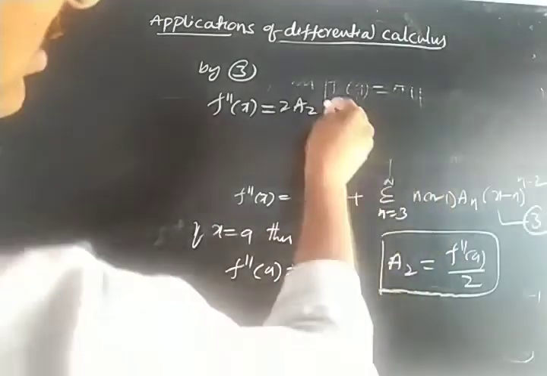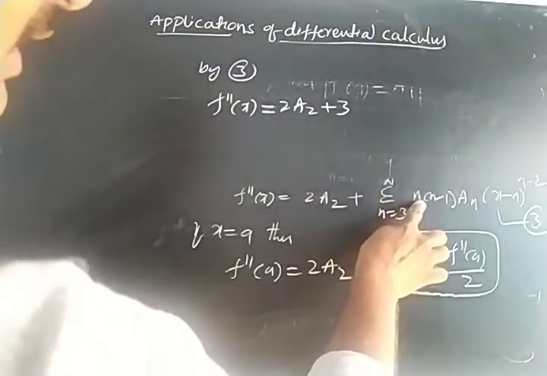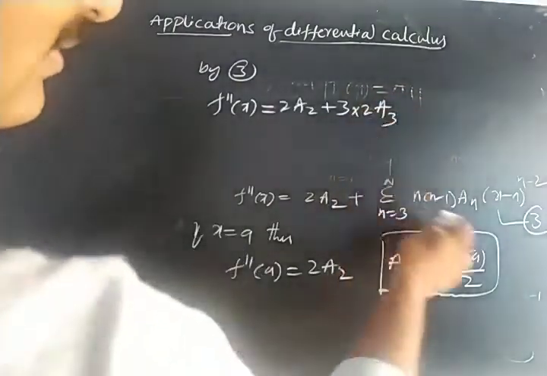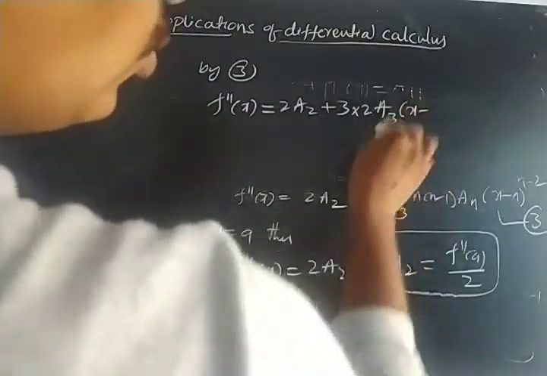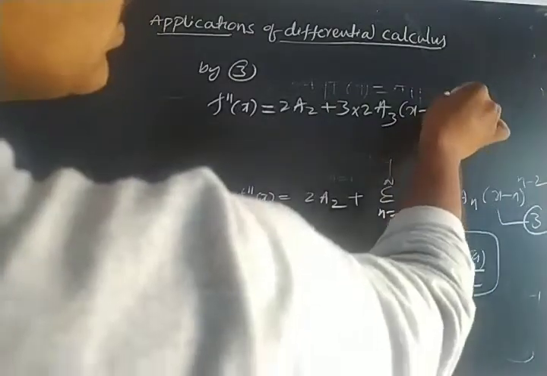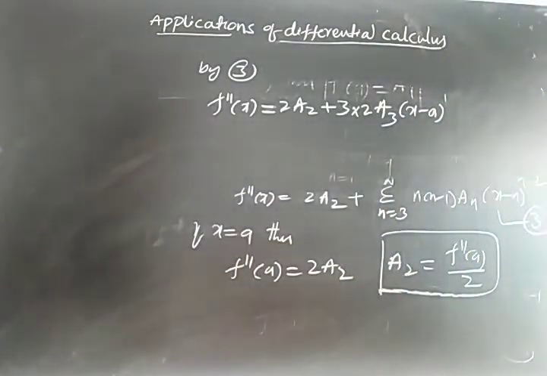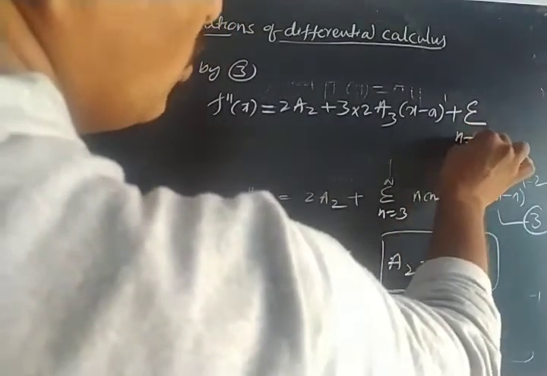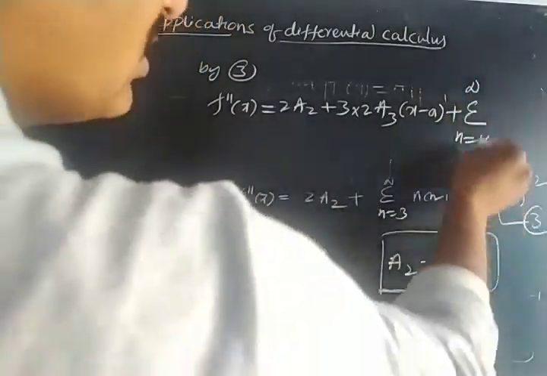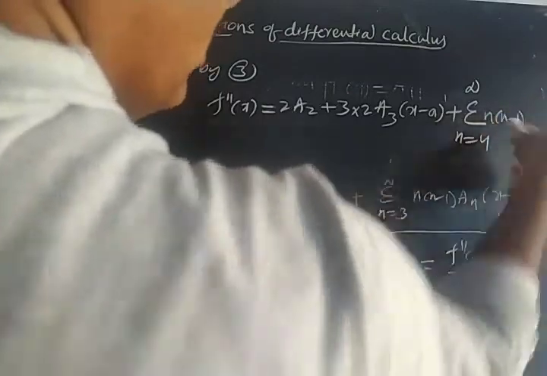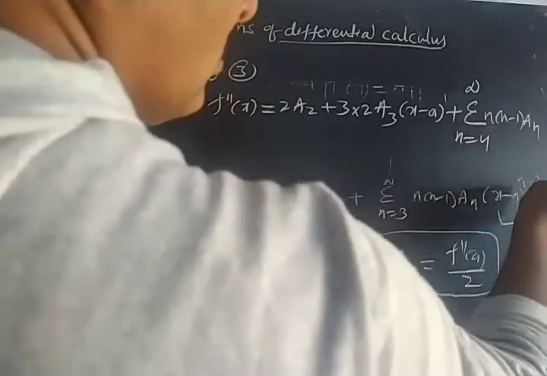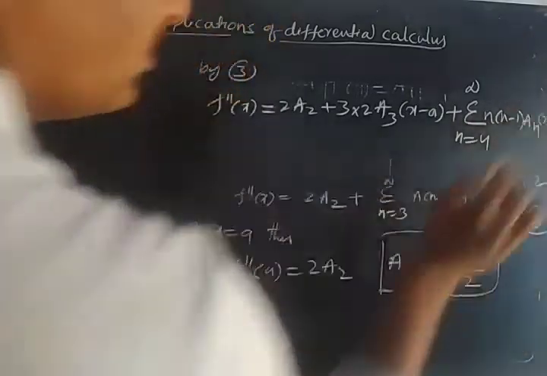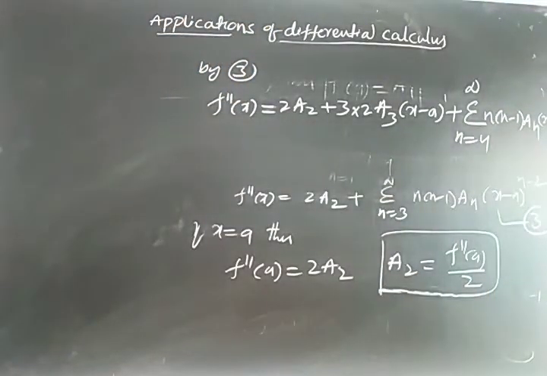By substituting 3 here, what you will get? 3 into 3 minus 1, that is 3 into 2 into a3 x minus a whole power n minus 2, 3 minus 2, 1. Remaining terms I am writing in expansion summation form, n equal to 4 to infinity, n into n minus 1 into an x minus a whole power n minus 2.